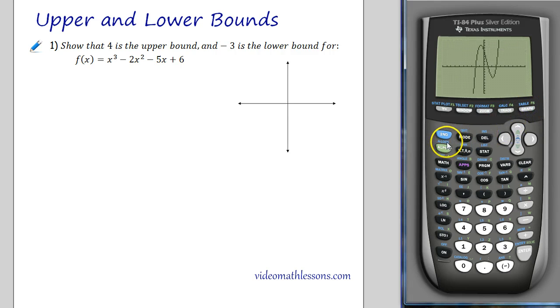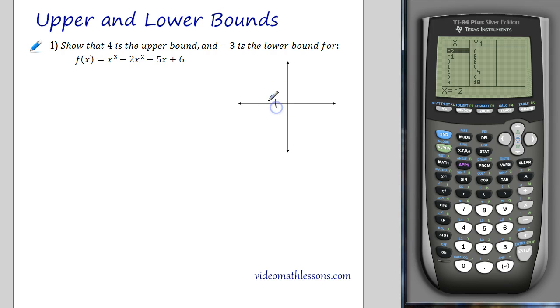If this was one of those find-the-root problems, I would go to my table, and I would see that my roots are at -2, there's a root at 1, and there's another root at 3. And at 0, it's 6. That's the y-intercept.